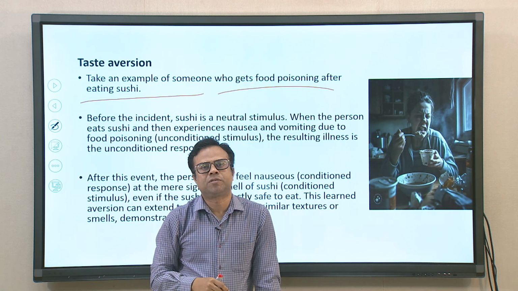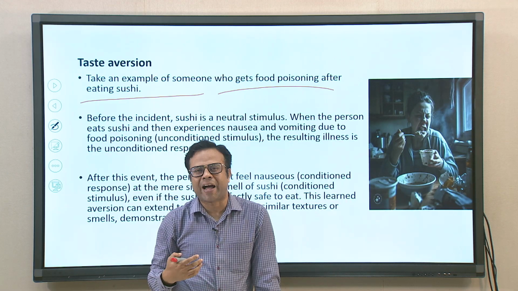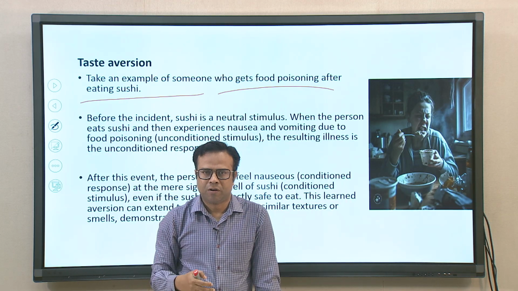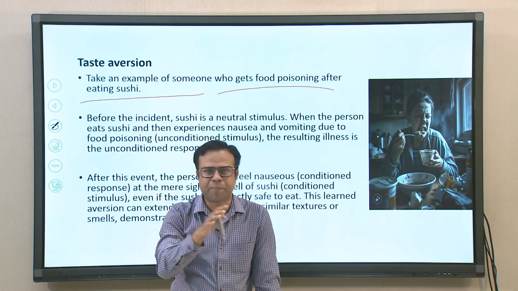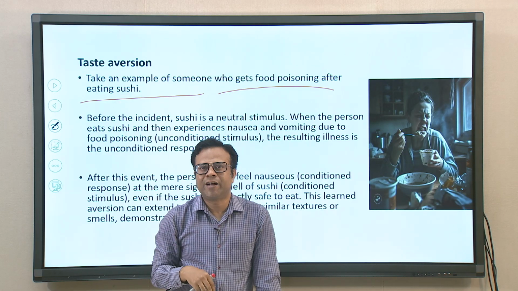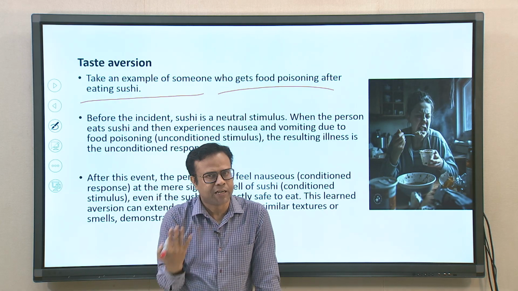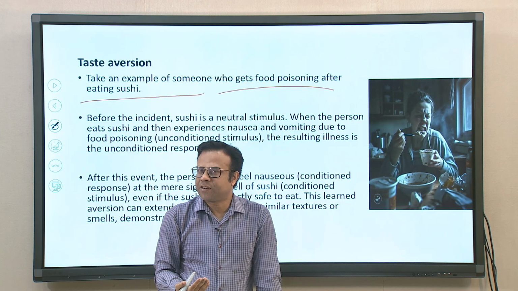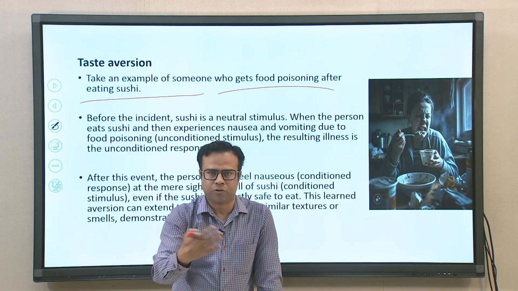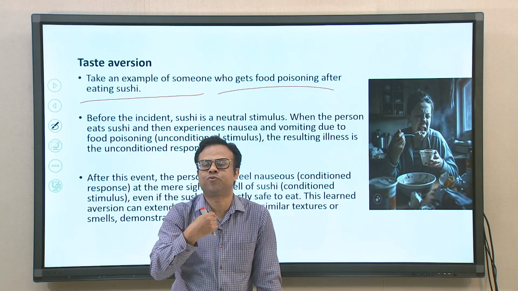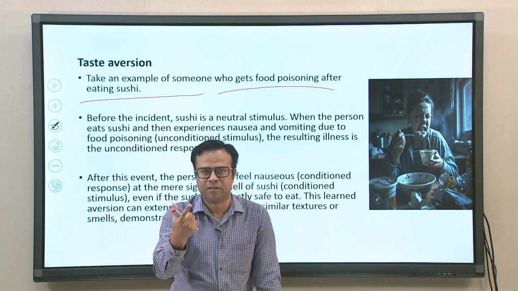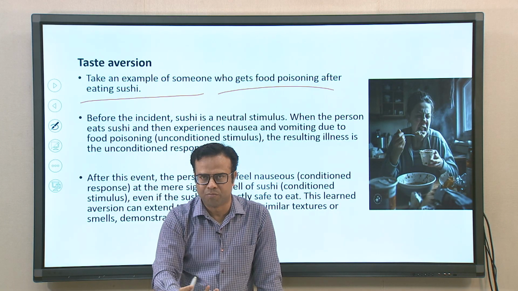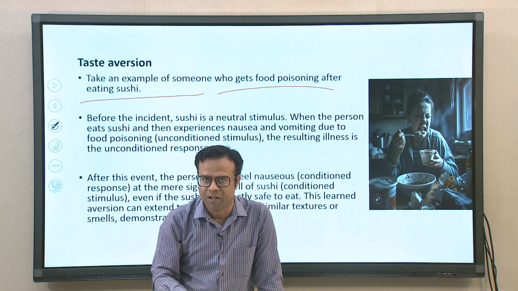After that incident, people generally develop a kind of aversion or hatred towards that particular food. This happens very commonly. If a food gets associated with nausea or a vomiting tendency, after that people generally do not like that food, because the moment they see that food, all the nausea experience gets stimulated. They feel like vomiting again, those kinds of tendencies come up.